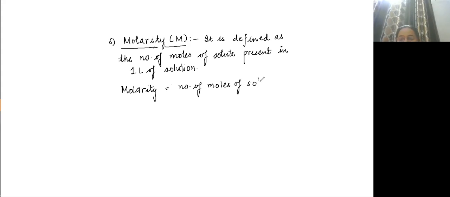Now tell me, will it depend on temperature or will it be temperature independent? And tell me the reason why. Volume. Correct. It will depend on temperature, because it contains volume term. Those which contain volume term will depend on temperature.